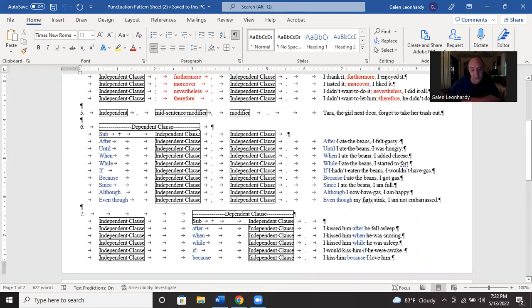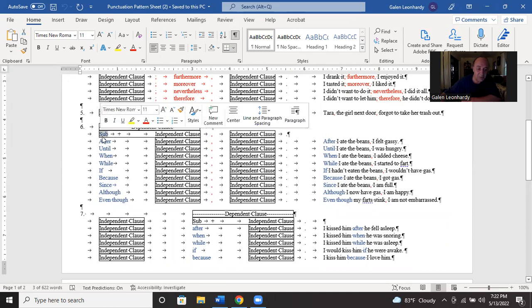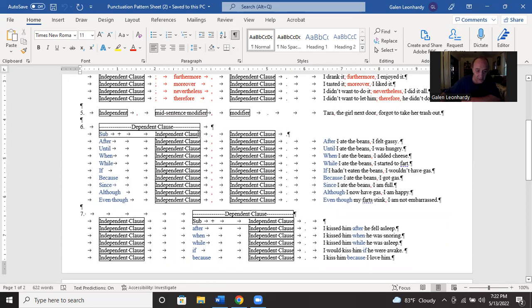We can turn an independent clause into what is called a dependent clause. A dependent clause is composed of a subordinating conjunction, a subordinator, plus an independent clause. So this structure here is the same as dependent clause. They're the same thing.